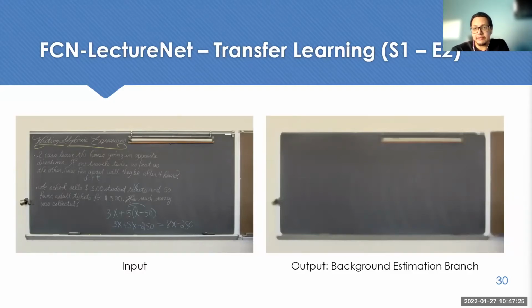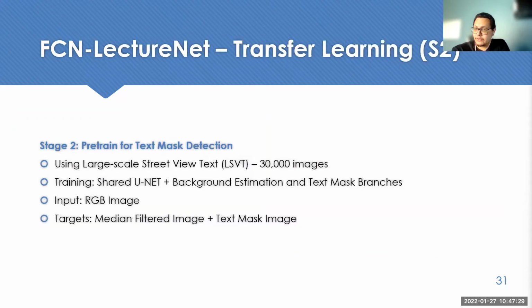Now, this is just one branch of the network. We still have the other two, right? So to train the second branch, we use transfer learning from text detection. In this case, we use a dataset called LSVT, Large Scale Street View Text.